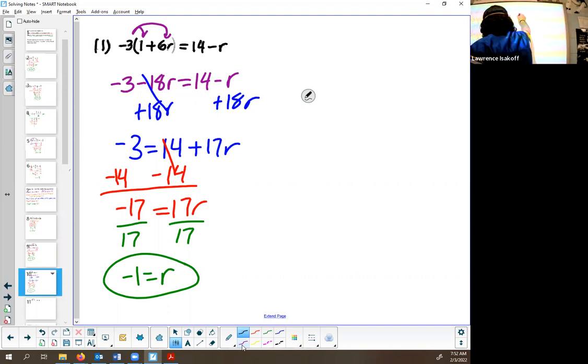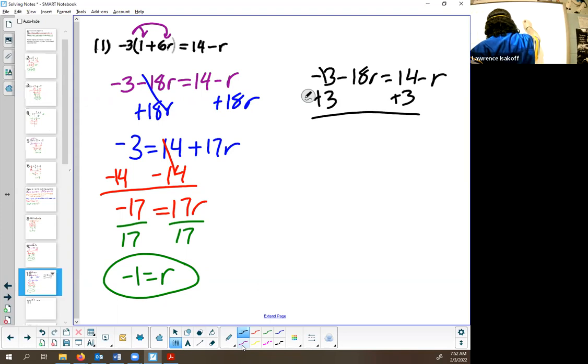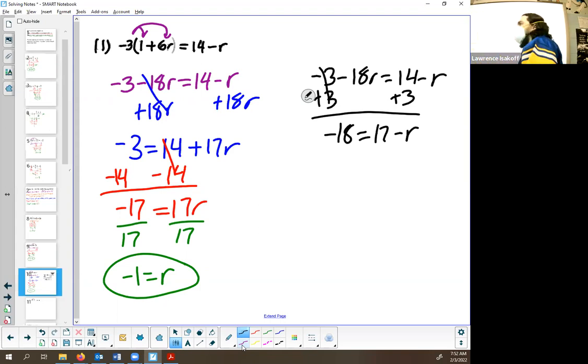So here, if we followed that suggestion of adding 3 to both sides, I'd have -18r is equal to 17 minus r. I go, okay, I have to get all my r's to one side.